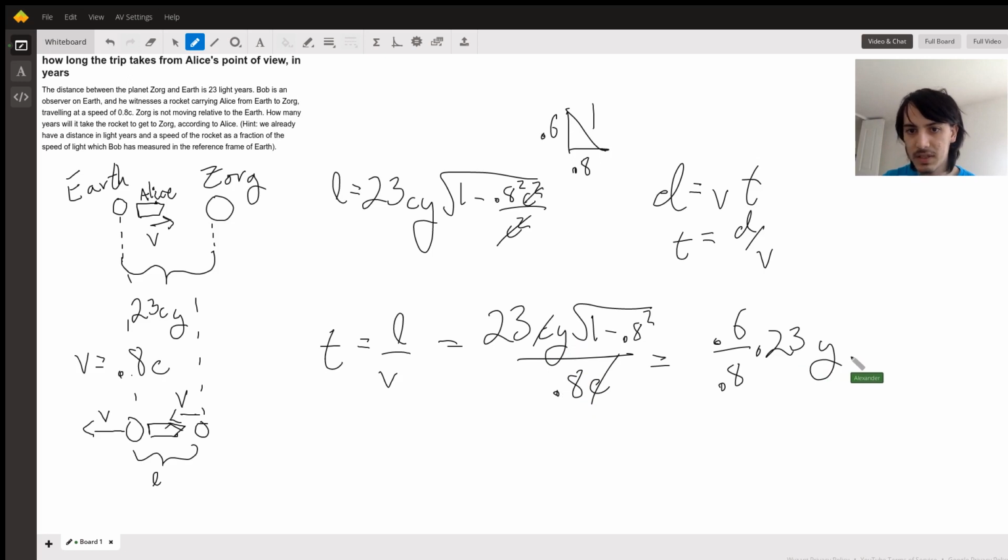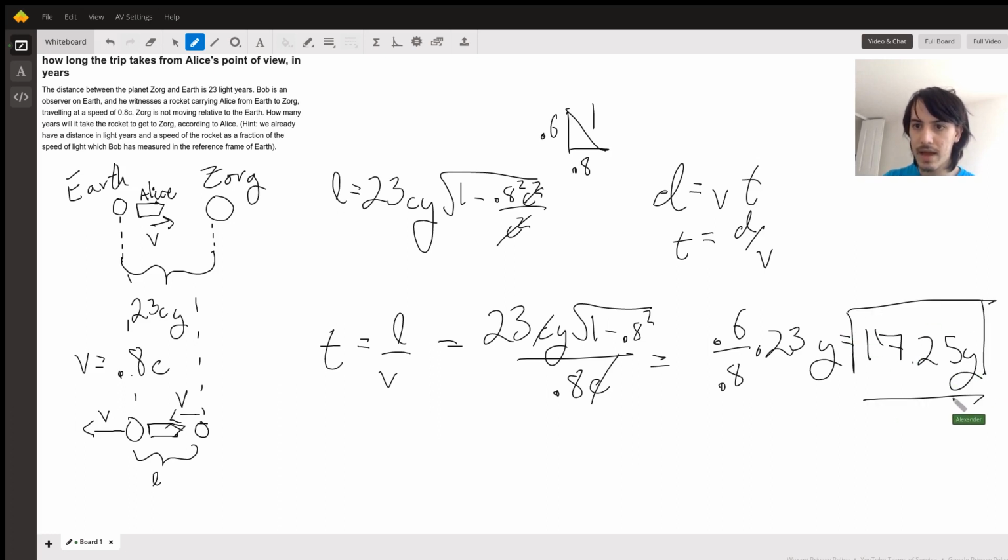So this is 0.6 over 0.8 times 23 years, which is 3/4 of 23, which, if we plug that into a calculator, that's 17.25 years. So this is how long Alice is going to experience this journey taking.